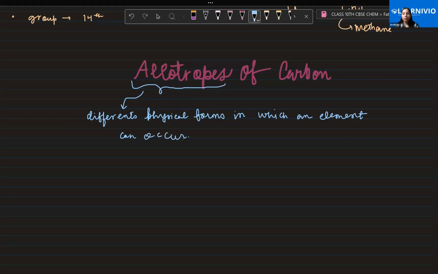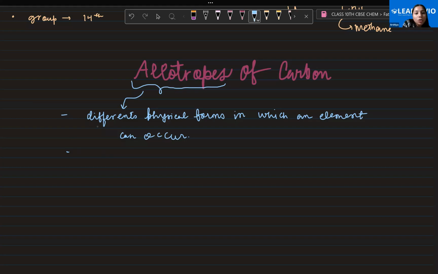All right, you can write this down. Now, other than carbon, there are a lot of elements that have their allotropes, like for example, phosphorus, silicon.